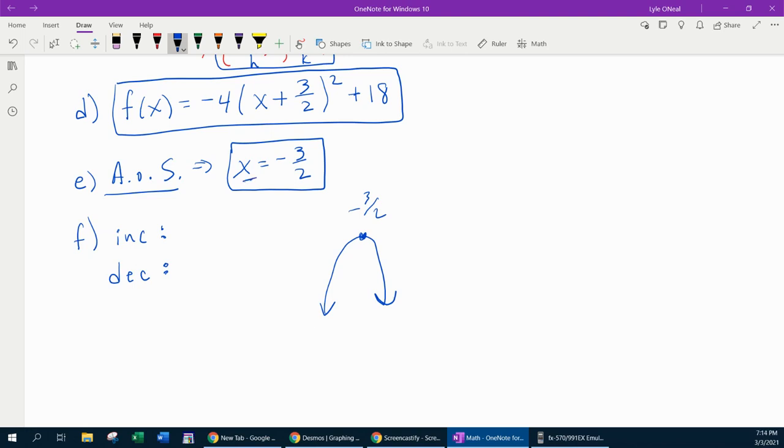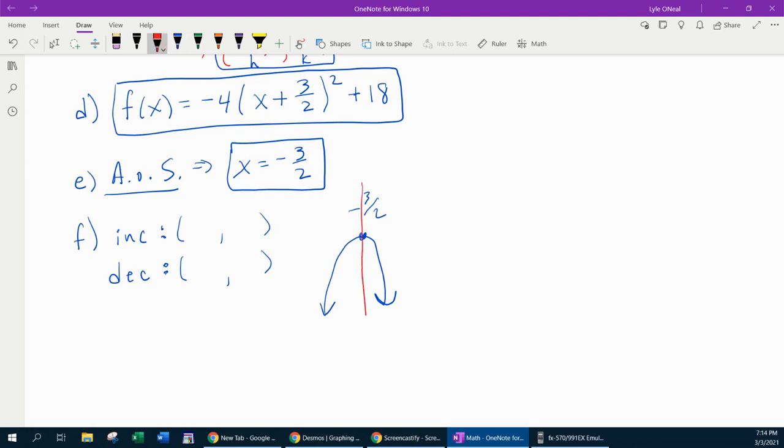Remember, that is an x value. And the increasing and decreasing intervals are also x values. And another thing I haven't mentioned yet, notice the increasing and decreasing intervals, you never use brackets, only parentheses for those. So let's split this down the middle.